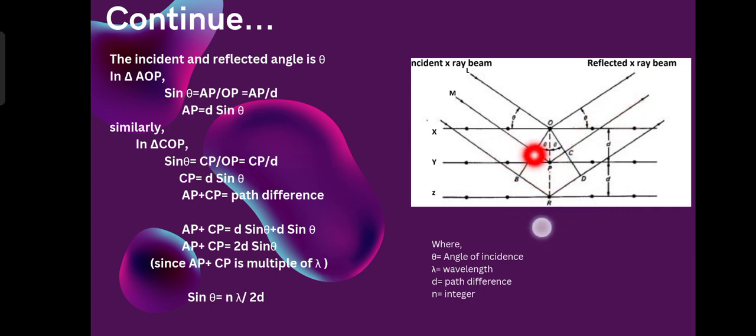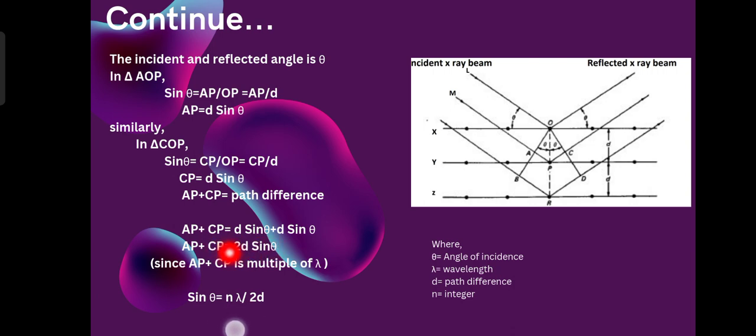If AP is two wavelengths, then CP should also be two wavelengths. Then only it will result in constructive interference. So AP plus CP is considered to be multiples of lambda, and so AP plus CP we will write as n lambda.